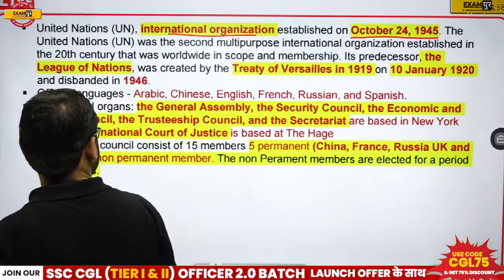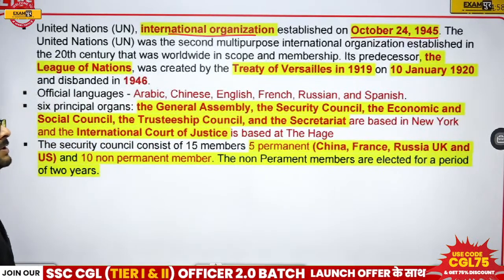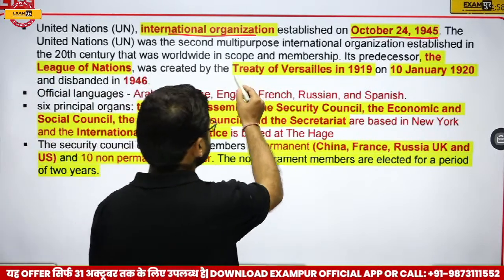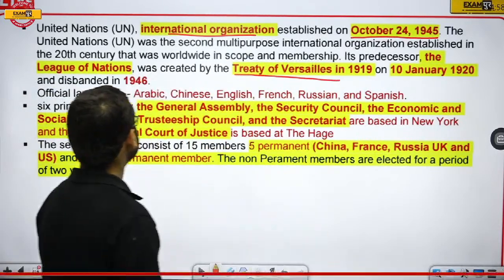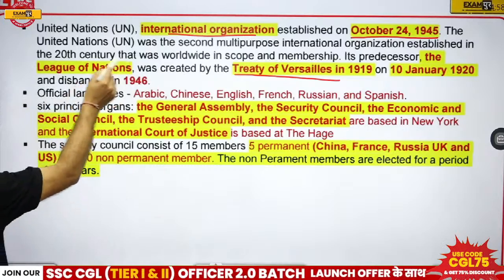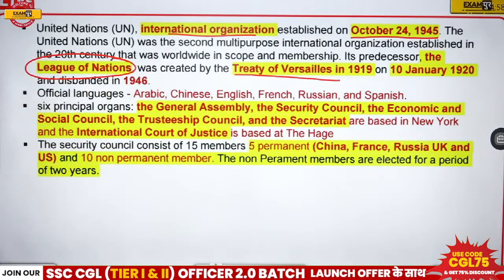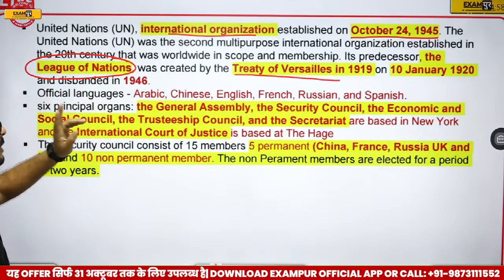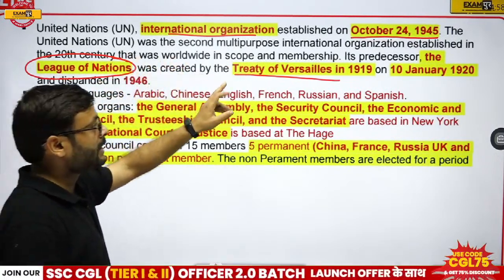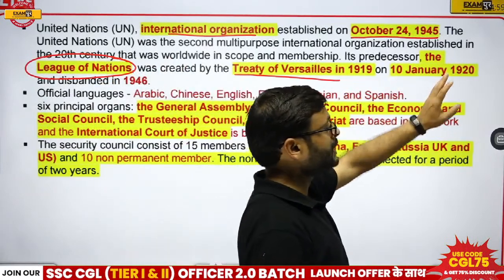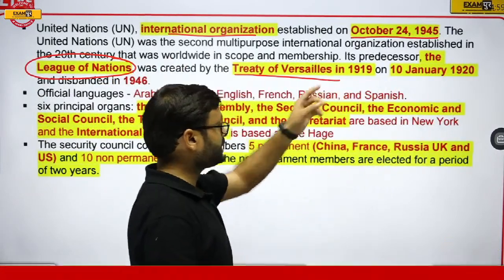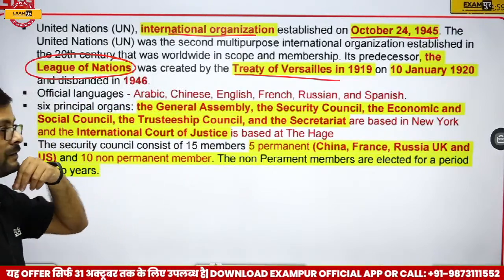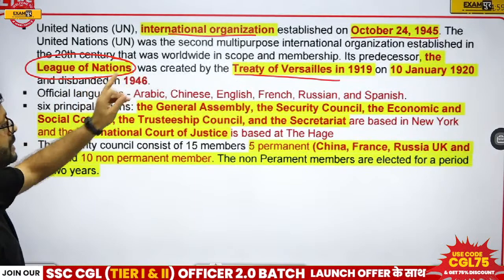The UN was the second multi-purpose international organization established in the 20th century, after the League of Nations, which was the predecessor of the United Nations. It was established on 10th January 1920 by the Treaty of Versailles, signed in 1919 after the First World War.